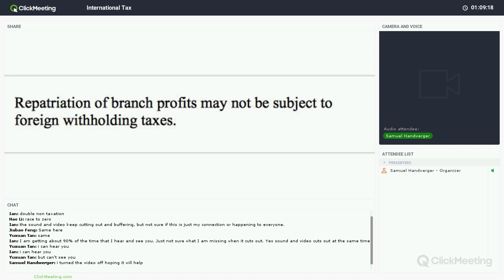Why? Anybody know why? What do I mean if it's not subject to withholding taxes? Why would that be? Because sending the profits back to the United States is not subject to withholding tax because it is not... Anybody know?